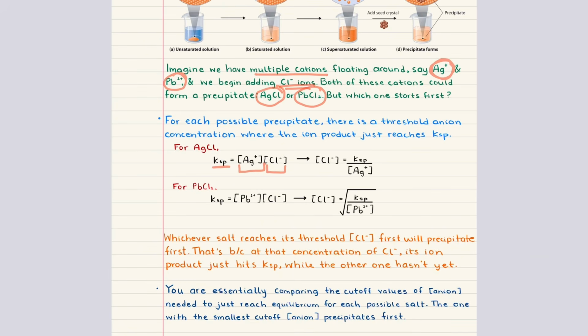If we rearrange, the threshold chloride concentration equals KSP divided by the silver concentration. For lead 2 chloride, the KSP expression is the concentration of lead 2+ times the chloride squared. Rearranging, the threshold chloride concentration is the square root of KSP divided by the concentration of lead.